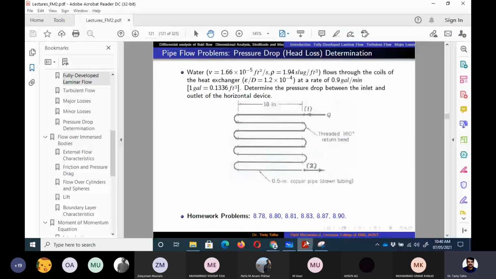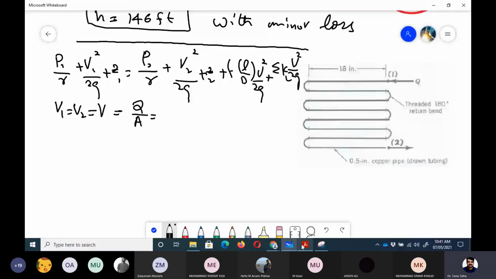So 0.9 into 0.1336 to convert into feet cube per second, divided by the cross-sectional area, that is pi by 4 into diameter, which is 0.5 inches.